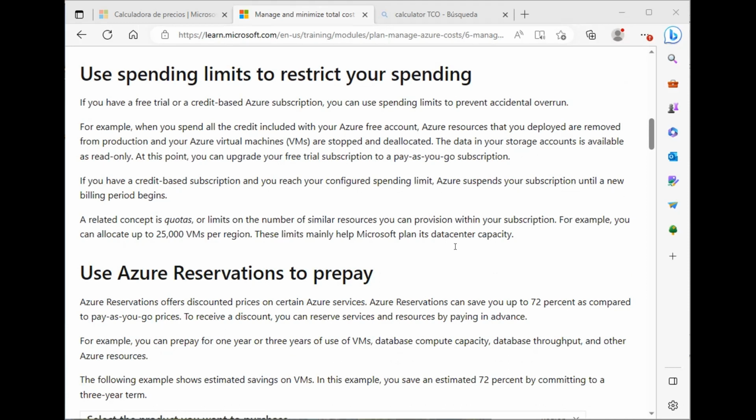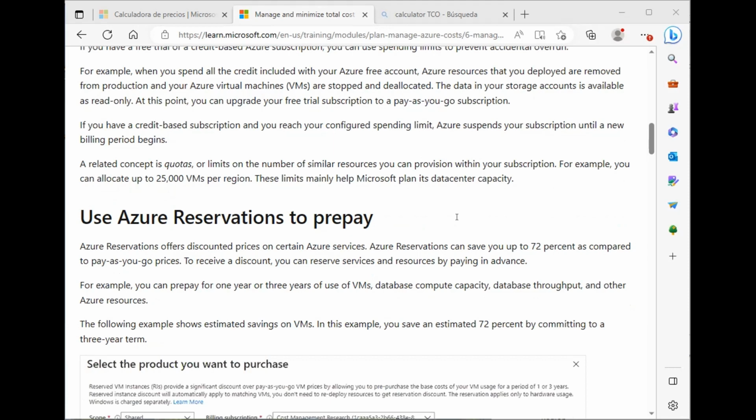For example, you can prepay for 1 year or 3 years of use of virtual machines, database throughput, computing capacity, and other Azure resources. The following examples show estimated savings on virtual machines. In this example, you save an estimated 72% by committing to a 3-year term.